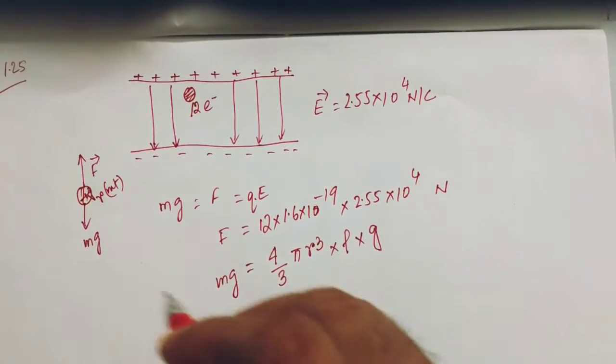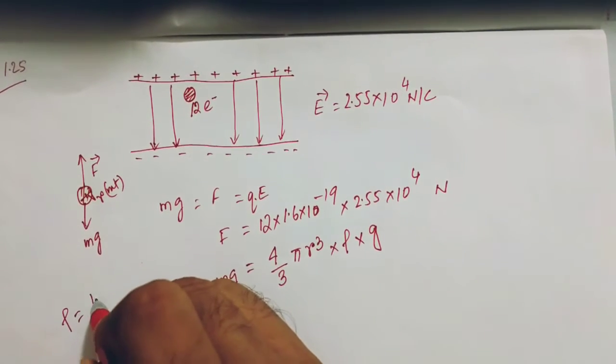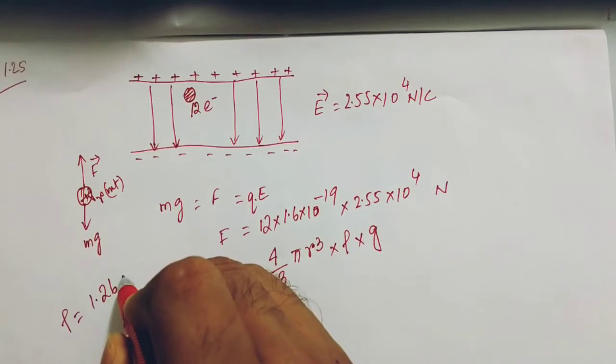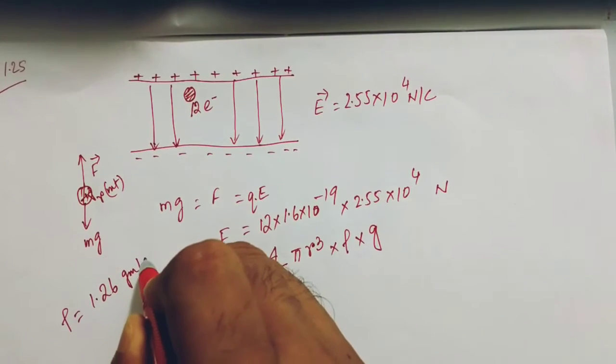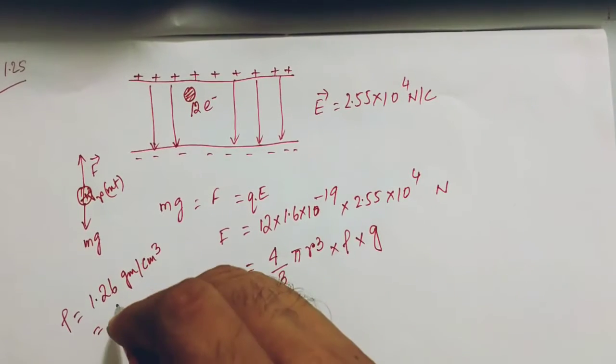So rho is given here. Rho is 1.26 gram per centimeter cube. We need to convert this into SI unit.